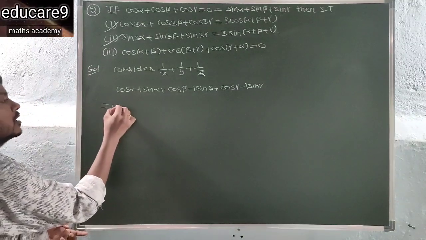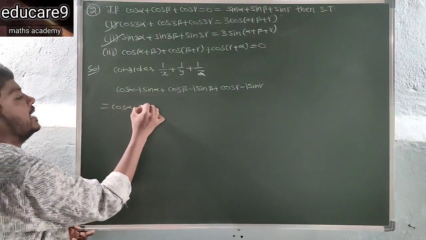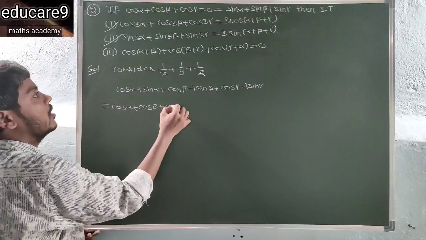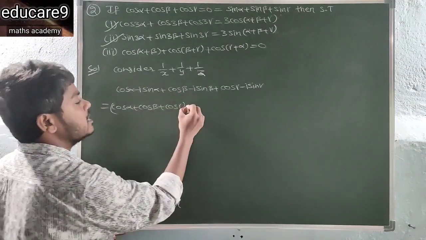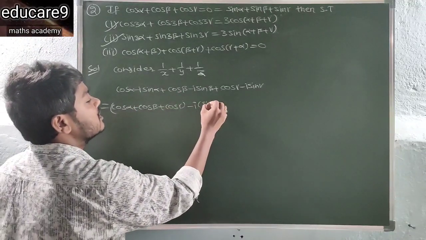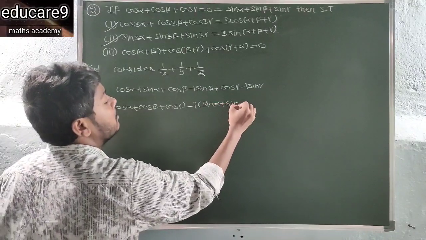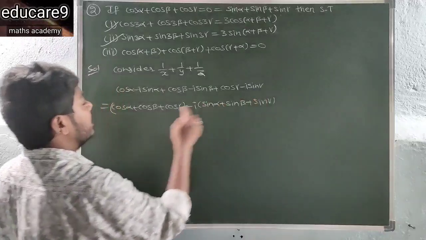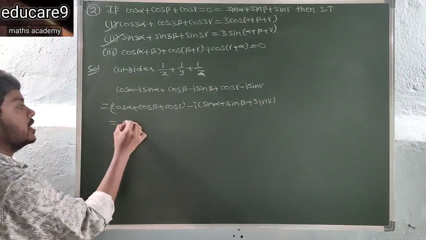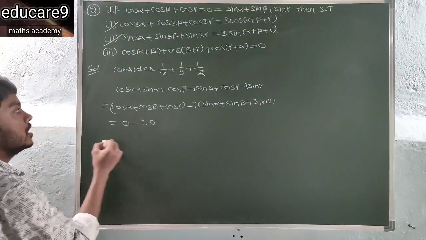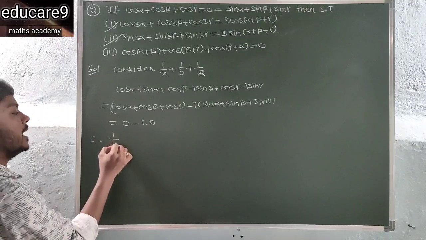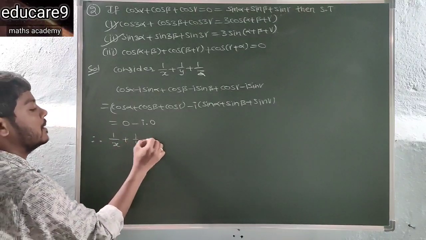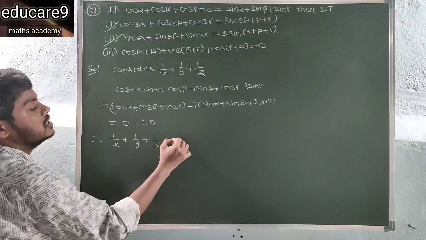So this is what? cos alpha plus cos beta plus cos gamma, and here minus i is common. What you get? sin alpha plus sin beta plus sin gamma. So clearly this value is 0. So this is 0 minus i into 0. So therefore you will get 1 by x plus 1 by y plus 1 by z value is 0.